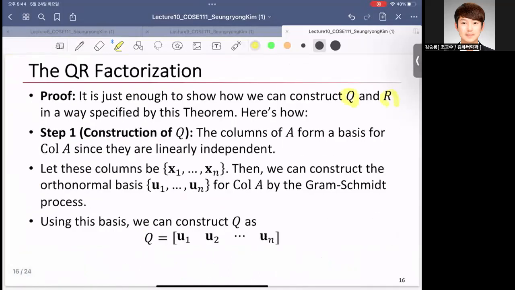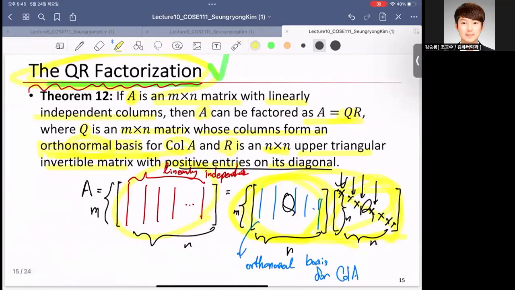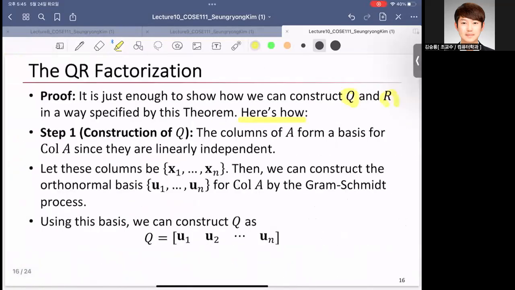Here we won't prove the whole theorem, but we will just see how to construct Q and R. That's the way to prove this theorem. Proving the theorem fully would be very difficult, so instead we will talk about how to obtain Q and R. Okay?